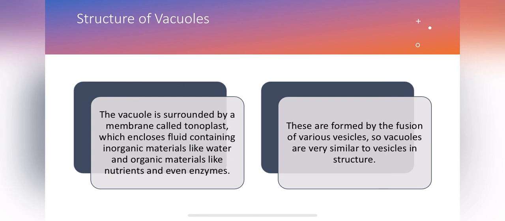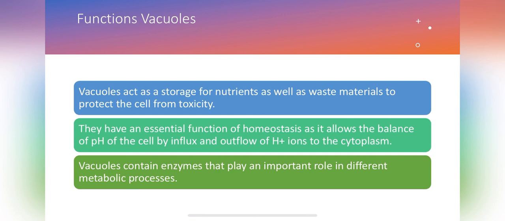These are formed by the fusion of various vesicles, so vacuoles are very similar to vesicles in structure. Functions of vacuoles. The vacuoles act as a storage for nutrients as well as waste material to protect the cell from toxicity. They have an essential function of homeostasis as it allows the balance of pH of the cell by influx and outflow of H+ ions to the cytoplasm.